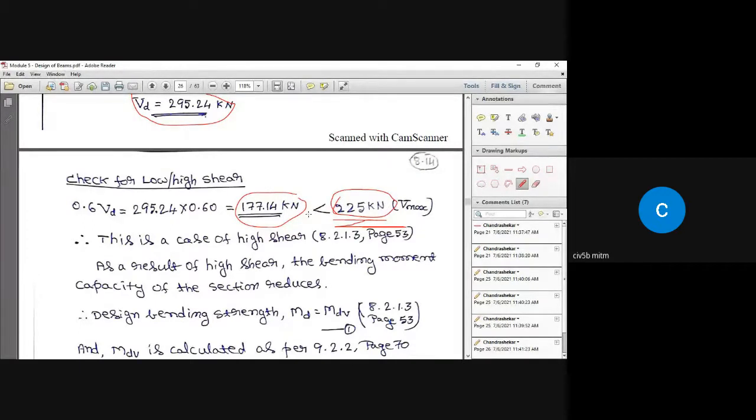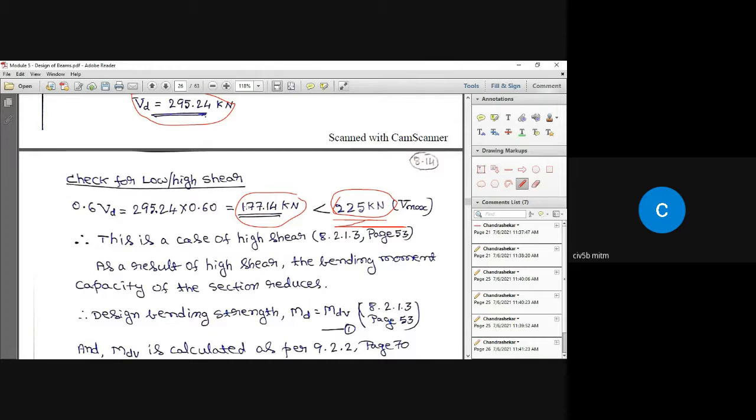Whenever Vmax is greater than 177.14, or in other words, when 0.6 VD is less than the Vmax value, the section is subjected to high shear. Whenever we say high shear, the shear will have an effect on the bending moment capacity of the section.